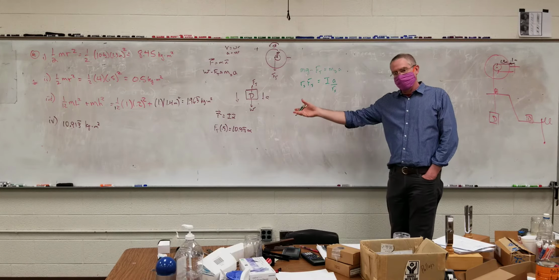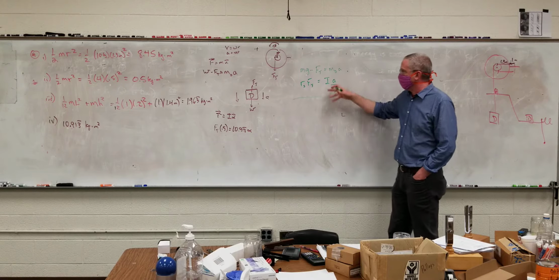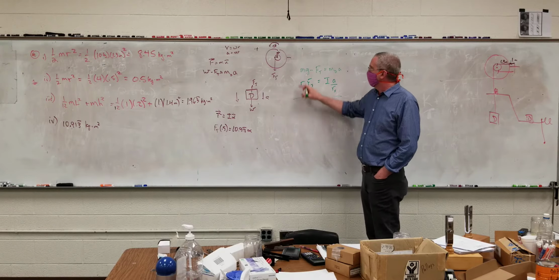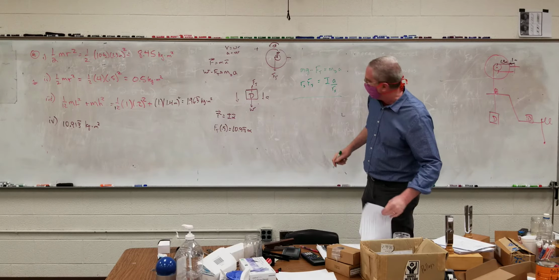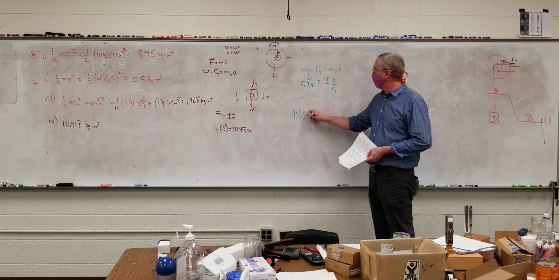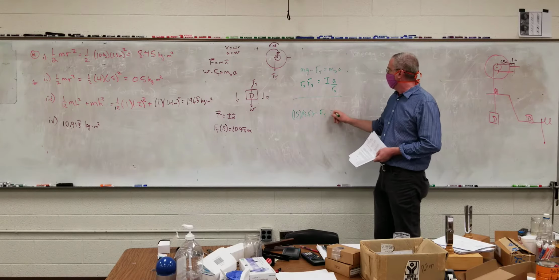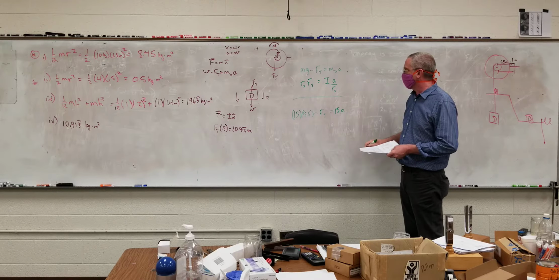I know I plugged in numbers and then I stopped, then I took them out, but these are the equations I'm working with here. This is the mass of d, which is given, 15 kilograms. So this is 15 times 9.8 minus my tension is equal to 15 times its acceleration.